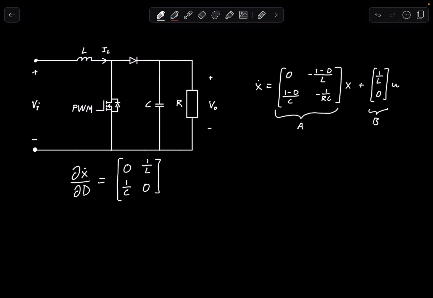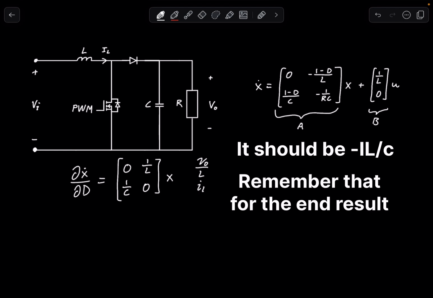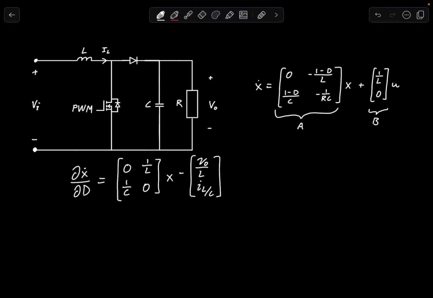And then we still want to multiply by X. So if we now multiply this matrix by X, we get VO over L, and then IL over C. I forgot the equal sign there. But these are dependent on the states, which we don't want.